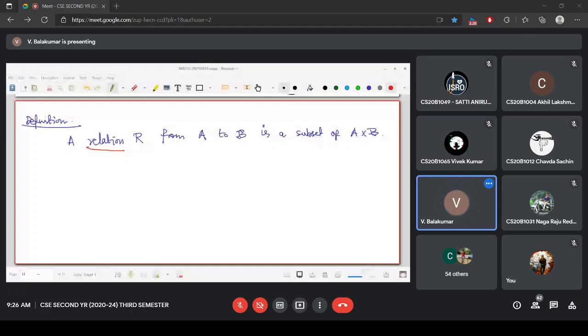Suppose that relation that we are taking is given as a subset.